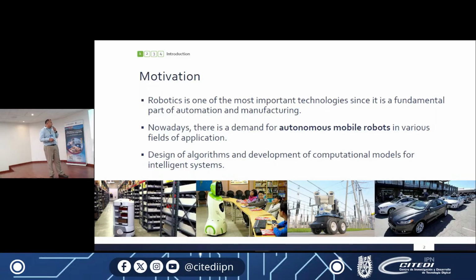So this is the motivation and the importance to design algorithms and develop computational models for intelligent systems.